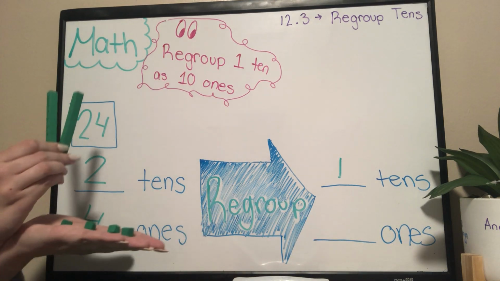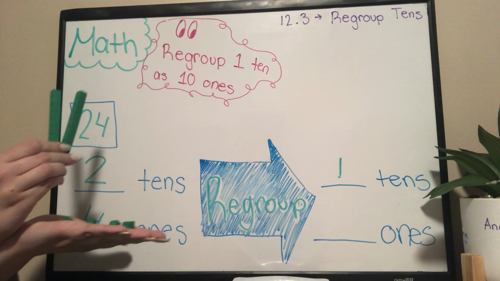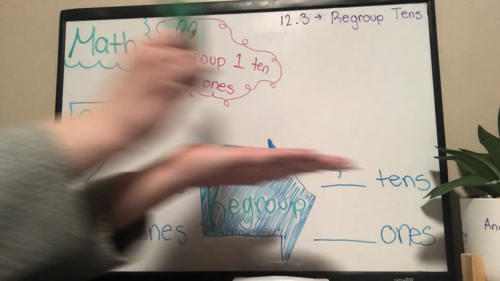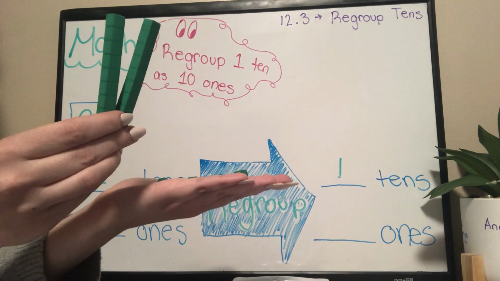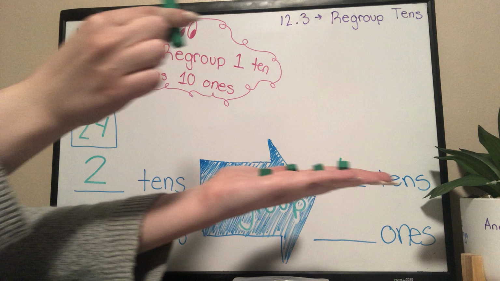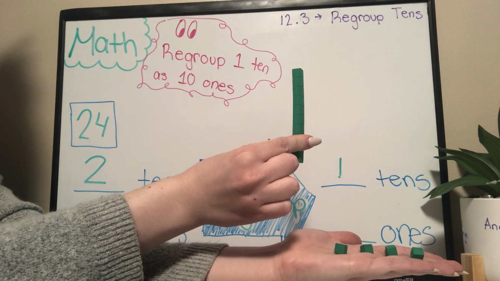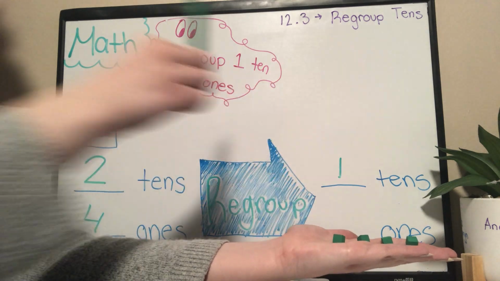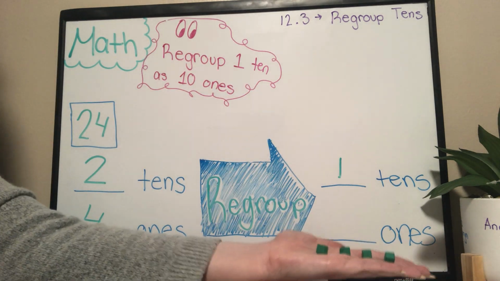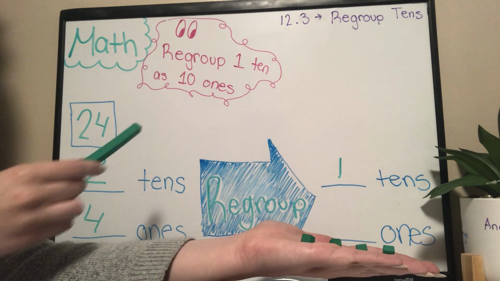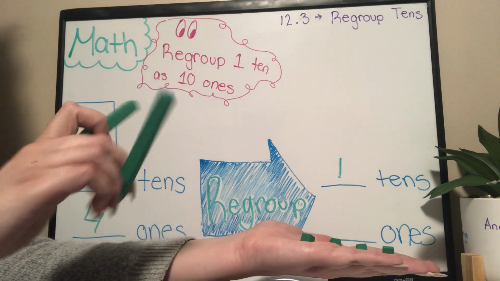I am going to bring them from here to over here, but in a different way. I'm going to lose one of these 10 sticks. Is this the same thing? No, I have 1 ten and that checks out. I have 4 ones and that's okay, but I'm missing the 10 stick that I dropped.